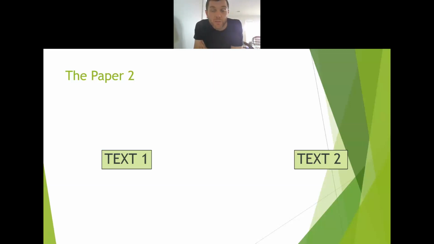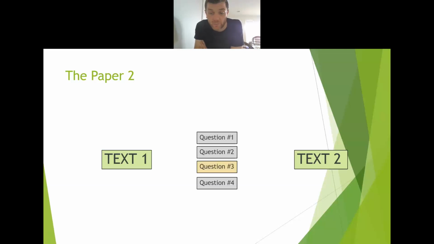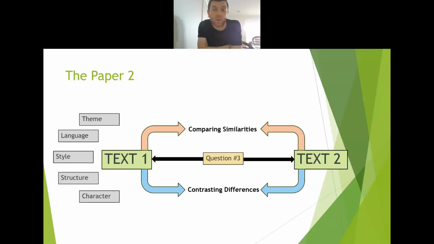You need to explore how each of these texts addresses one of 4 questions. So you're going to choose one of those 4 questions and you're essentially going to explore how that question is developed and commented on in the 2 texts that you have chosen.